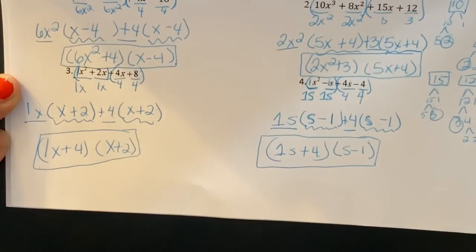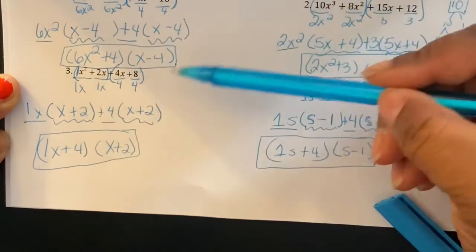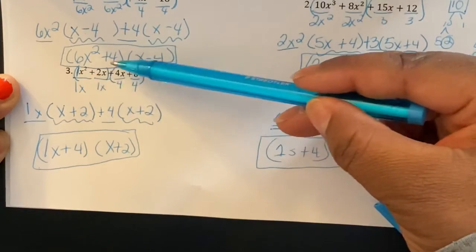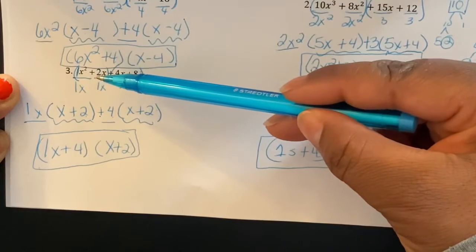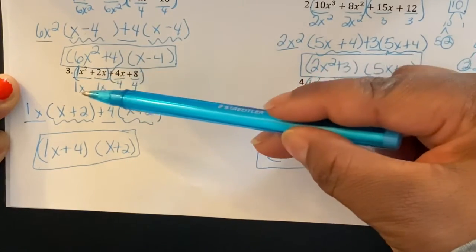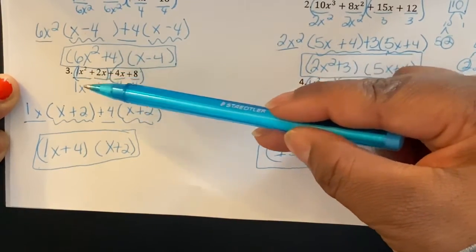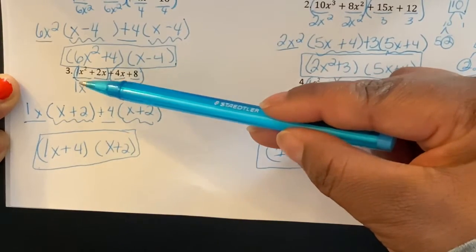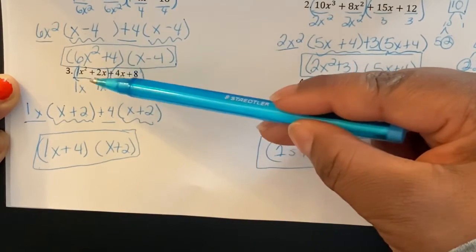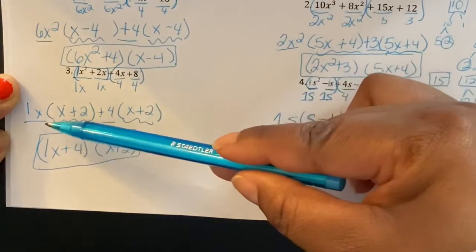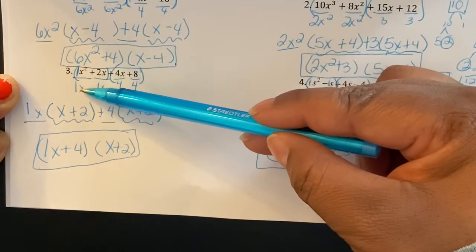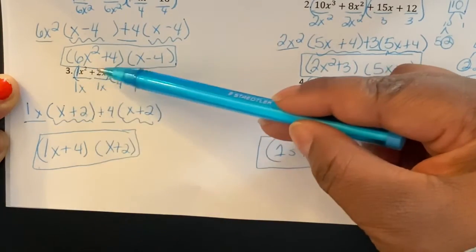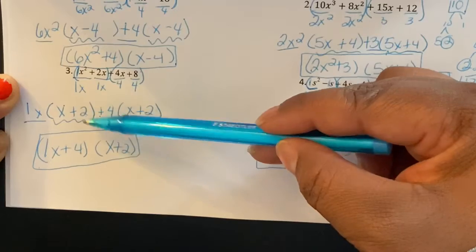Okay, now looking at numbers 3 and 4, as you can see, I've already done it for you. I broke them down into 2 groups of 2. 1x squared plus 2x and 4x plus 8. The 1x squared plus 2x had the coefficient 1 in common and the variable x because they both have at least 1x. So I took that out as a GCF, and what was left was x plus 2 because x squared divided by x is x, and then 2x divided by 1x is 2.